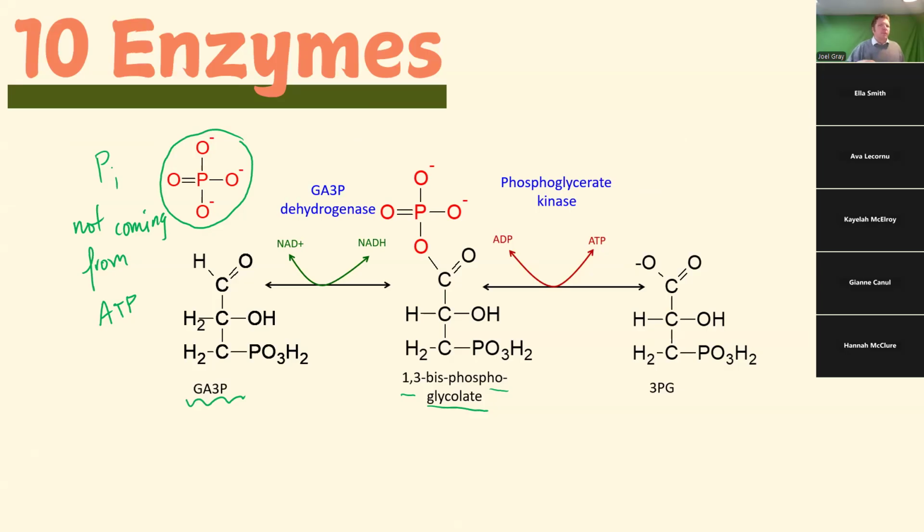Okay. And because we're not taking this phosphate from ATP and putting it onto this glyceraldehyde 3-phosphate, this is an example of an oxidoreductase.